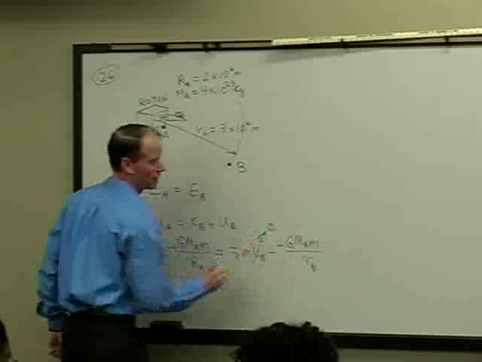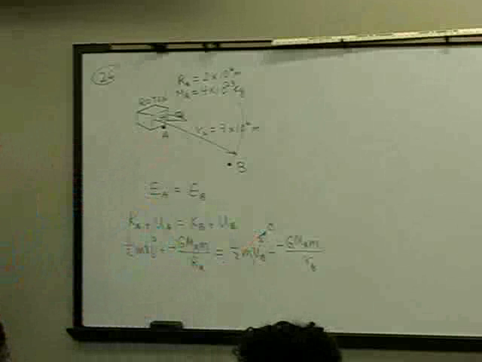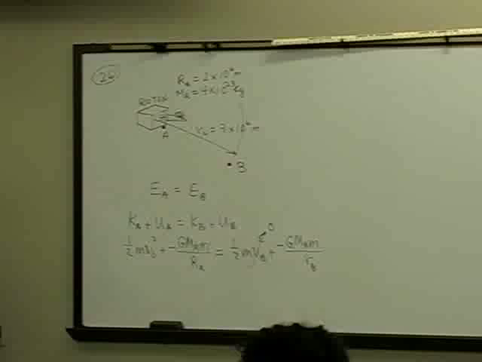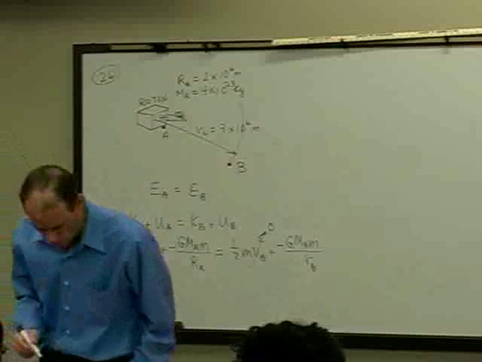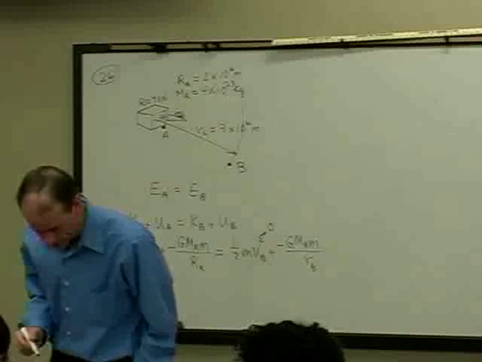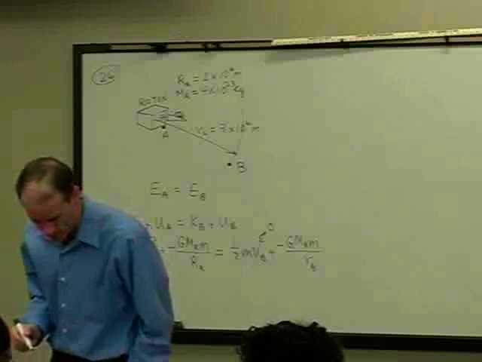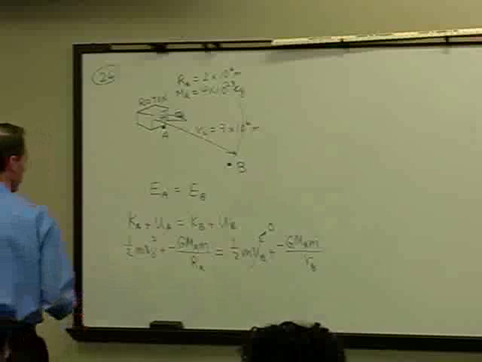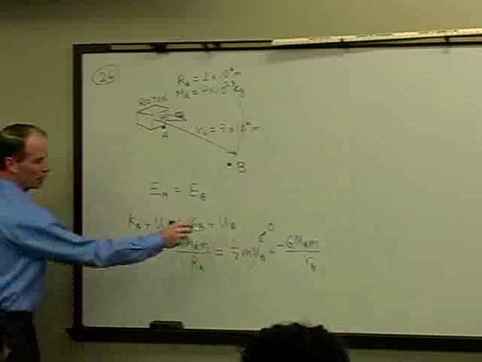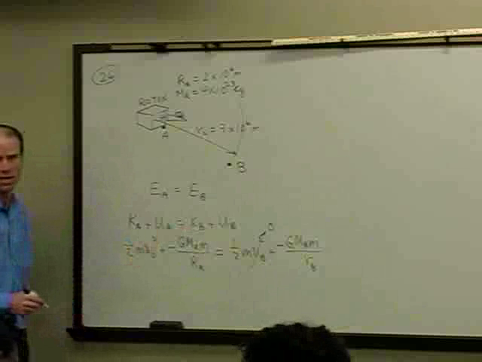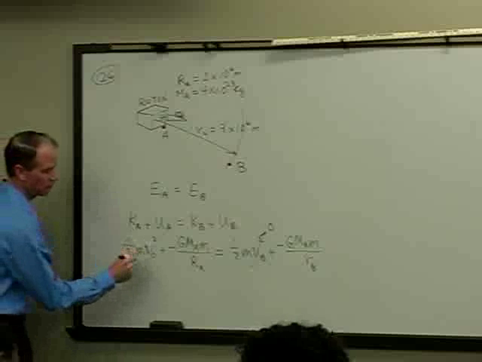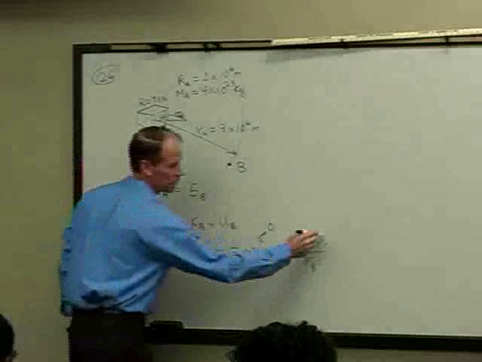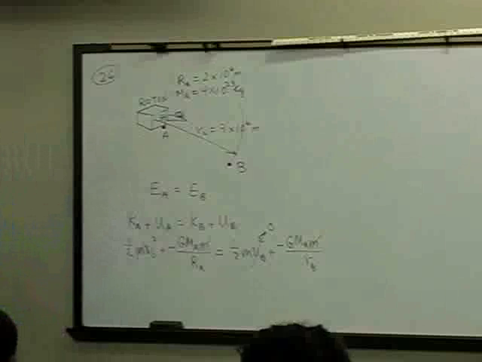Correct. And the mass of the space probe wasn't given, but we don't need it here because it appears in all 3 remaining terms. So let's divide through by the mass of the space probe and get rid of it.